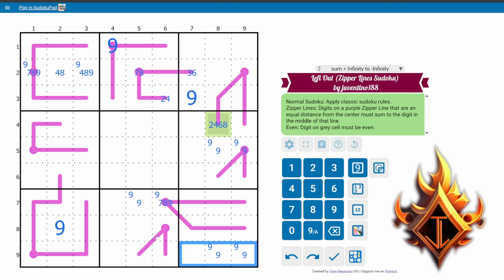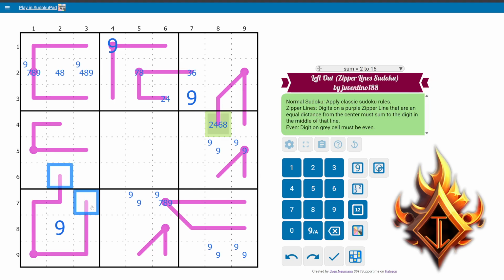That'd be okay. This cell adds to that one.